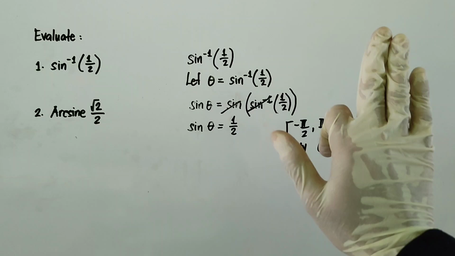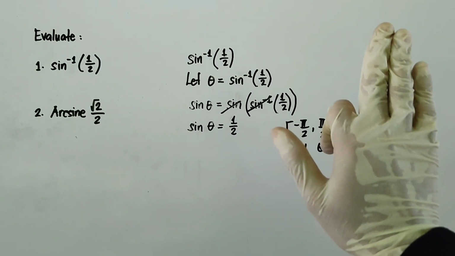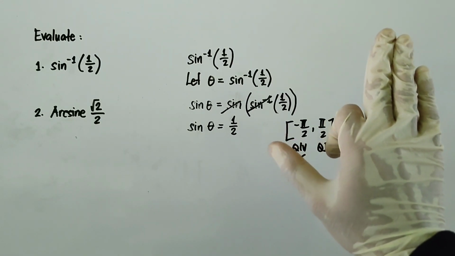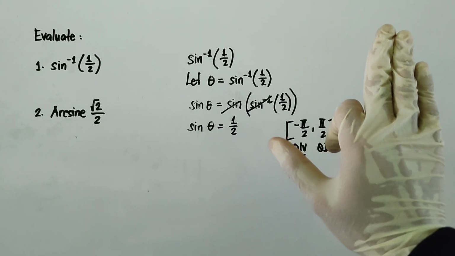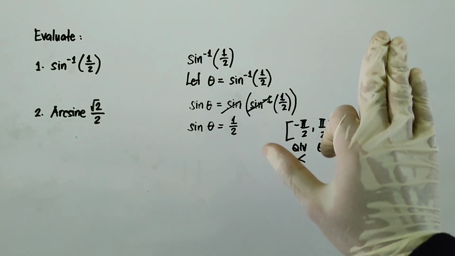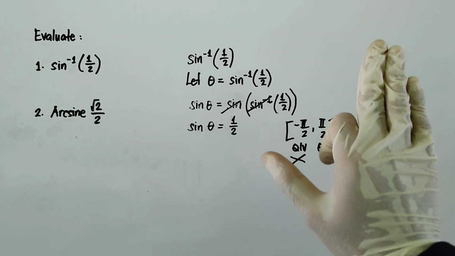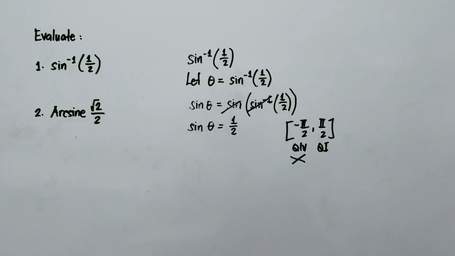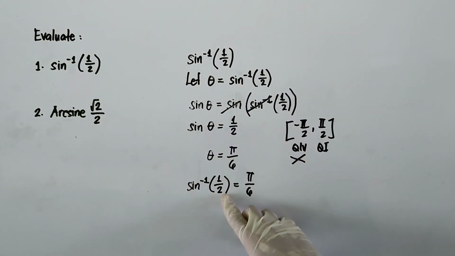The value of sine 30 is 1/2. Meaning to say, the reference angle of the theta here is 30 degrees. And what is 30 degrees in radian measure in quadrant 1? That is pi over 6. Therefore, arc sine 1/2 is equal to pi over 6.